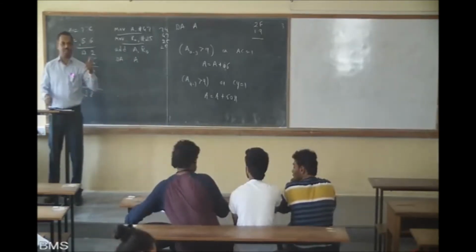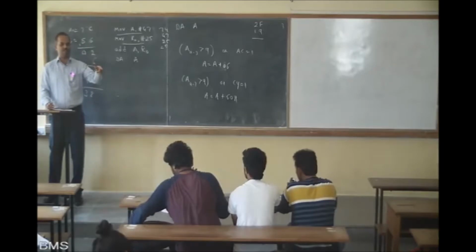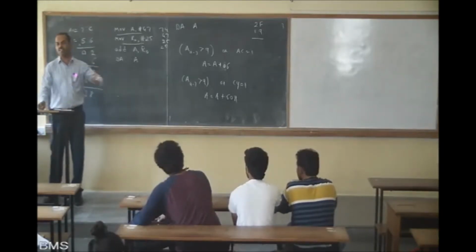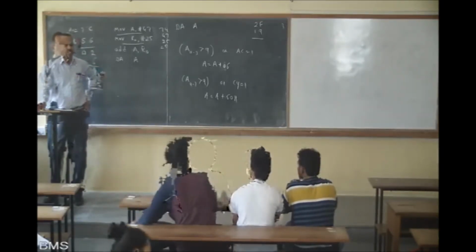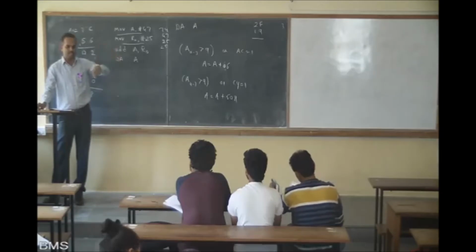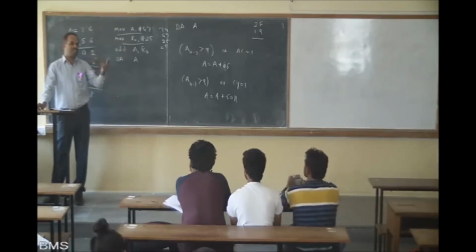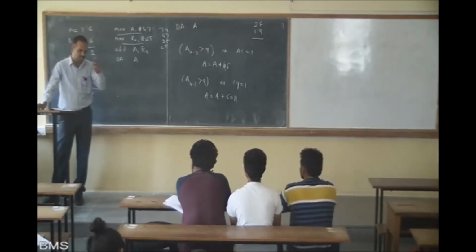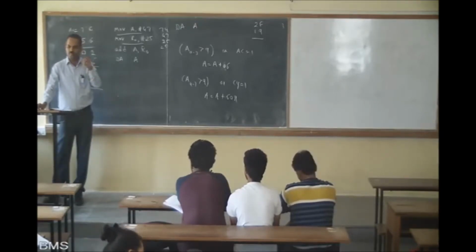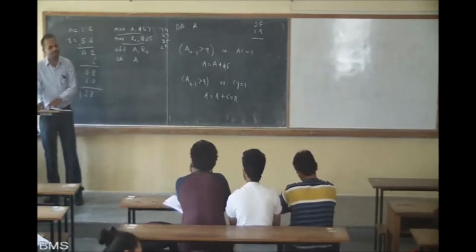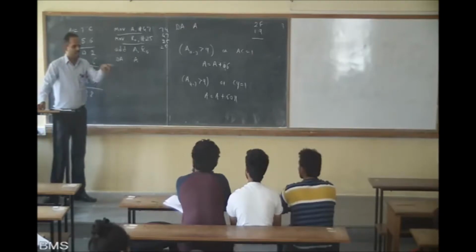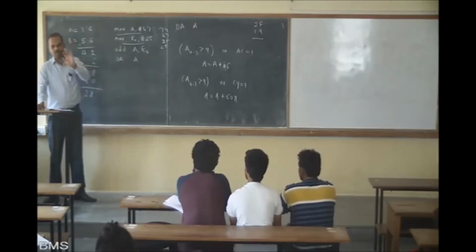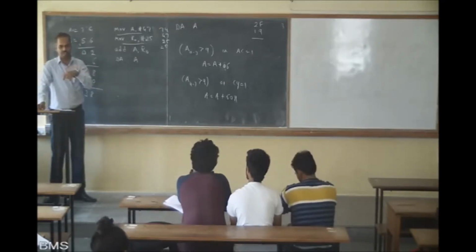Did you guys understand the question? It is the same program but this has to be in BCD, and you should use the division instruction DIV. B value is 10. Is it clear? Any doubt in the question?